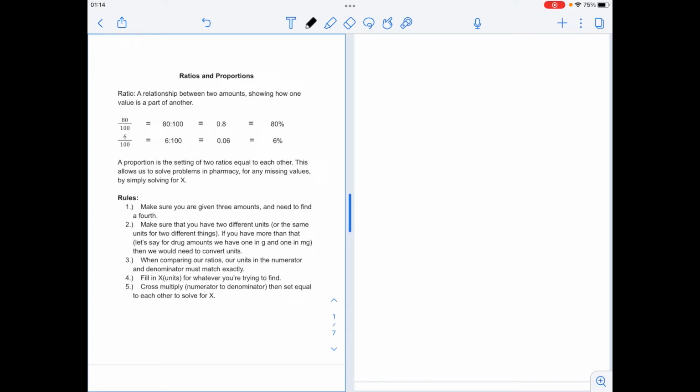Our third rule is when comparing our ratios, our units in the numerator and the denominator match exactly. We'll learn that when we get into dimensional analysis, that's not necessarily the case. It's quite opposite, actually. But here, we want to have it matching. So, an example, numerators are the top part of a fraction, and denominators are the bottom. So, what we want is to see something like this.